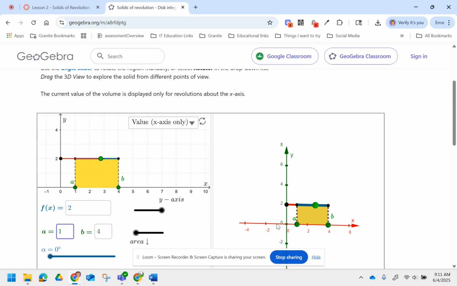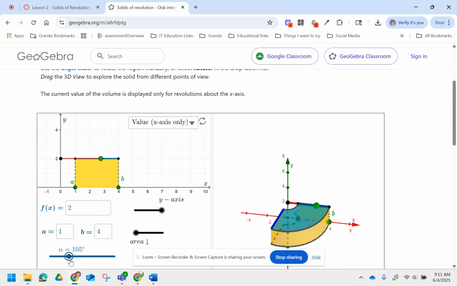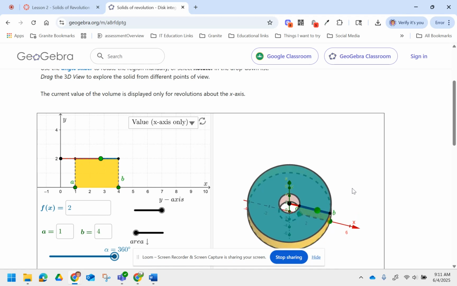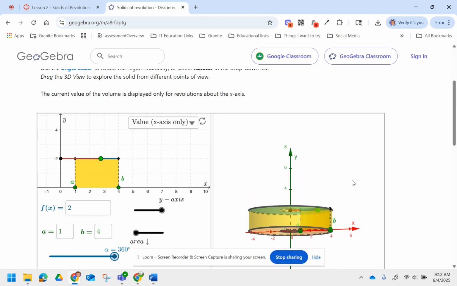I want you to imagine in your head what you think is going to happen as this rotates around the y-axis in its full circle and what shape it would create. All right, so now I've created a bit of a wheel with a hole in the middle.